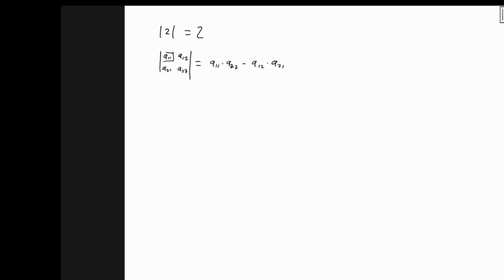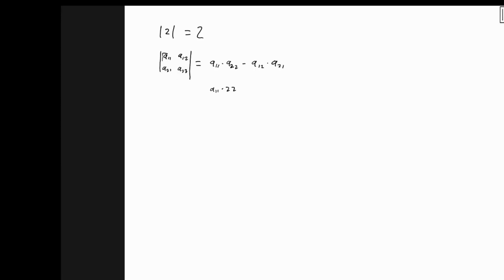I want to think about this as going across the top row. So I've got the first square is A1,1. And I'm going to be multiplying that by whatever's left after I cross out the row and column that includes that first square. So that's multiplying it by A2,2.